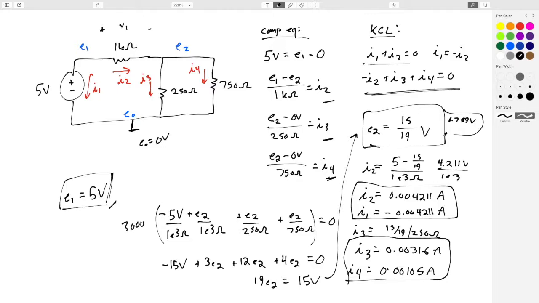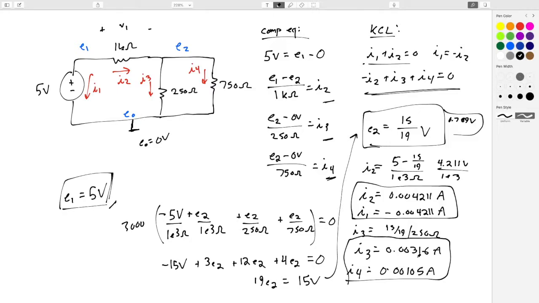Another important thing I usually do once I solve out a circuit is make sure KCL makes rough sense. I2 should equal I3 plus I4 based on how I drew it, right? I2 flows in, I3 and I4 flow out. I2 equals 0.004211, or 4.211 milliamps, and these two sum up to about that. Actually, exactly on. I rounded just about right, so that's good.